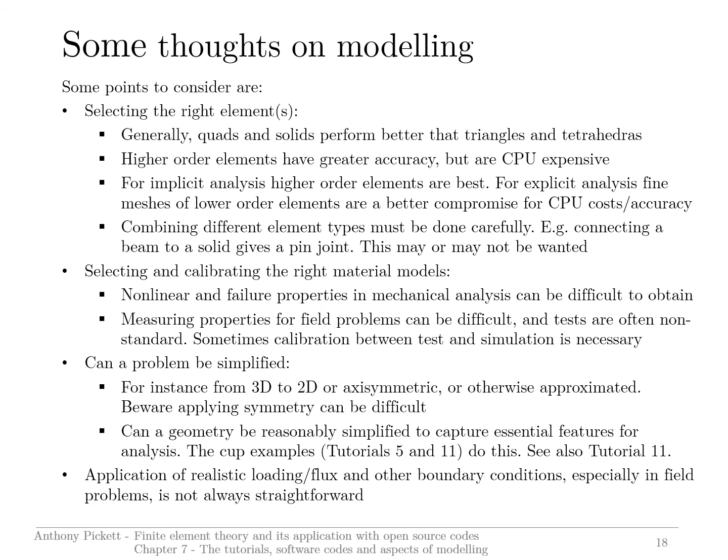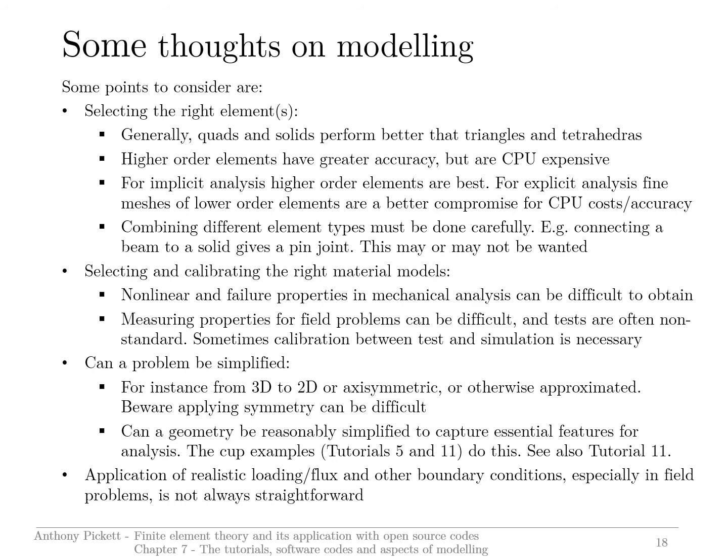Do be aware if you can reduce a 3D problem to a 2D problem. This is relating back to the last slide, whether there's some kind of axis symmetry in the model that can help you to reduce the problem.